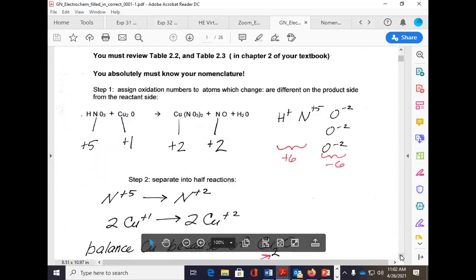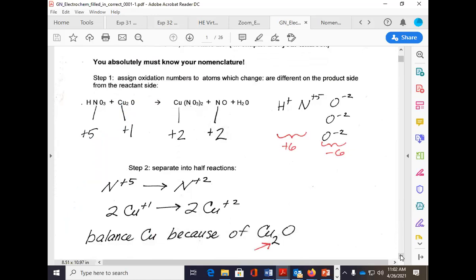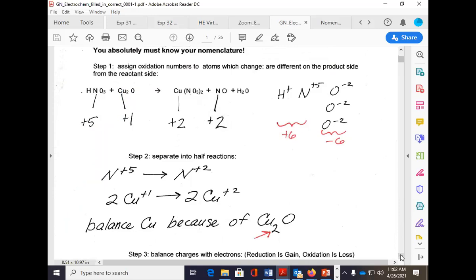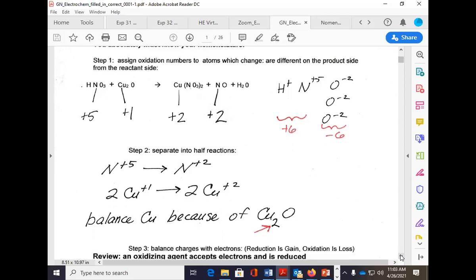Okay, look, it was right, I wrote it down. Balanced copper, the 2. Now we're going to throw some electrons in there. The little mnemonic device I use is reduction is gain, oxidation is loss.